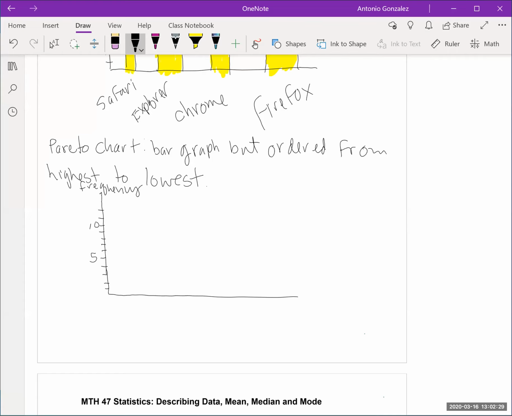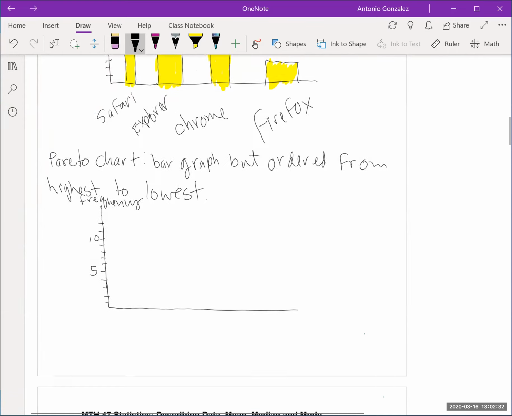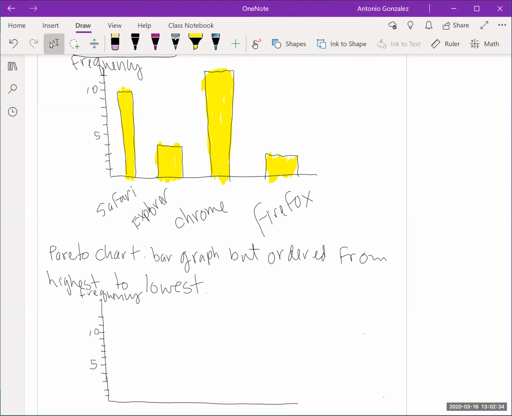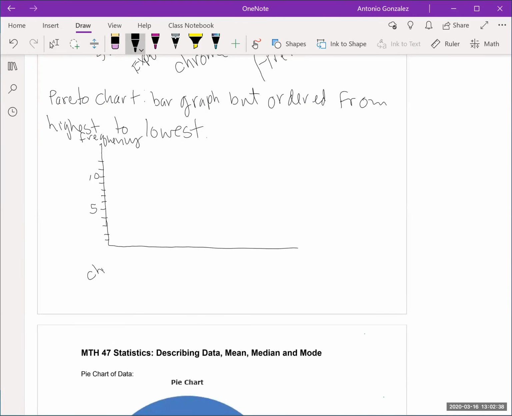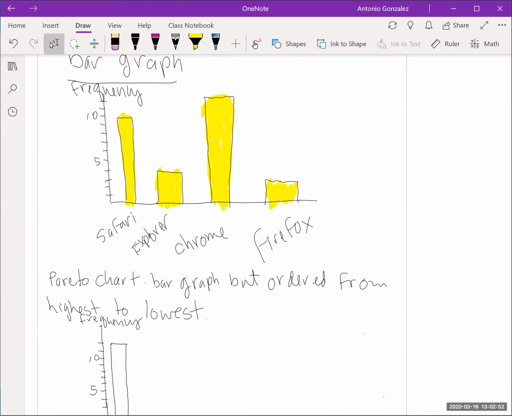Okay. So in this case, we look at our data, and Chrome had the most. So that would be the first one that would go in my Pareto chart. All right, so Chrome goes up to 12. And then the next one would be the next largest value.